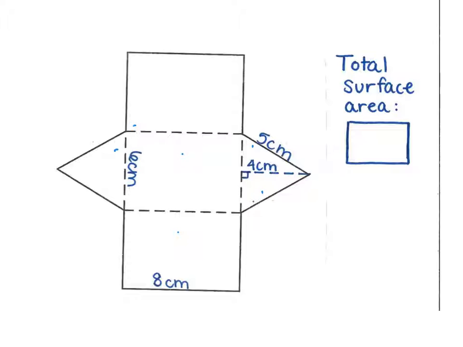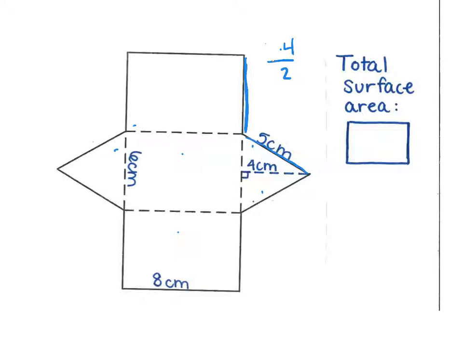So let's do that triangle. We're going to go 5 times 4 divided by 2. So 5 times... Ooh, hey, I made a mistake right there. I shouldn't have done 5. I should do 6 times 4. Why should I do 6 times 4? Because 5 is this length right here.